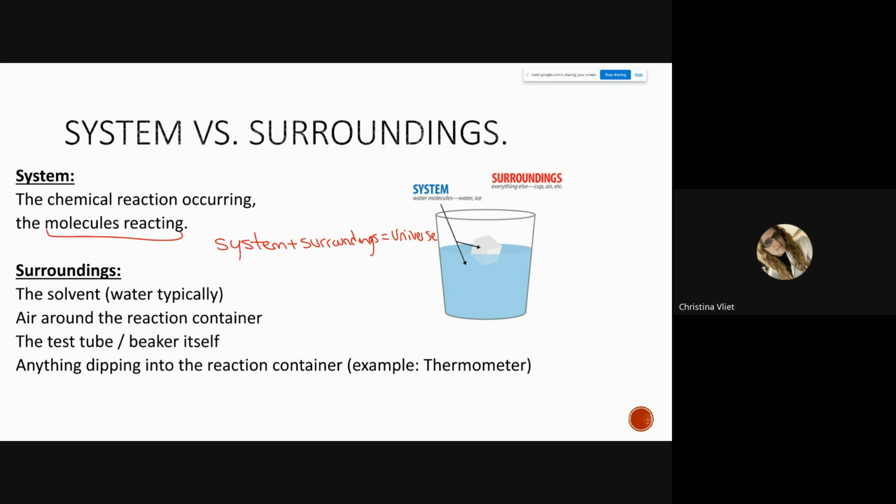This is the equation to everything. System plus surroundings equal the whole entire universe. So everything else that's not the system, we call that the surroundings. And you're going to have to be careful about what's happening to the system versus what's happening to the surroundings, because it's going to be important.